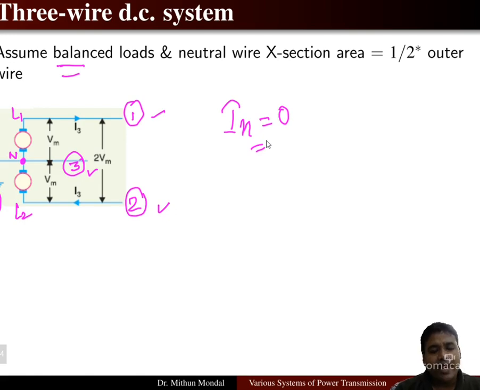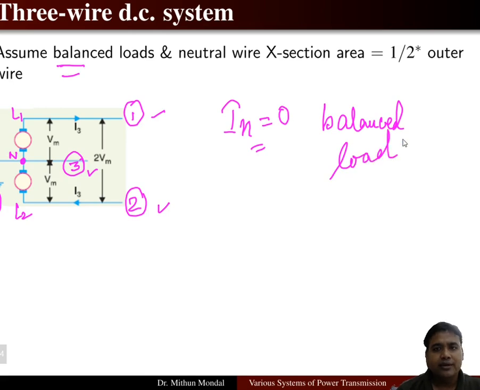If you have a balanced load, then the neutral current will be 0, and the neutral wire cross-sectional area here is half of the outer wire, any outer wire.